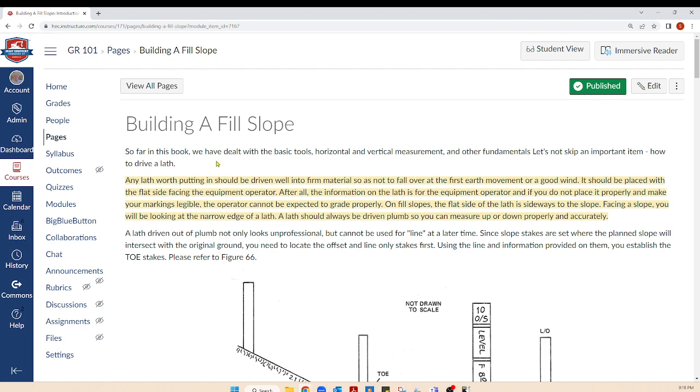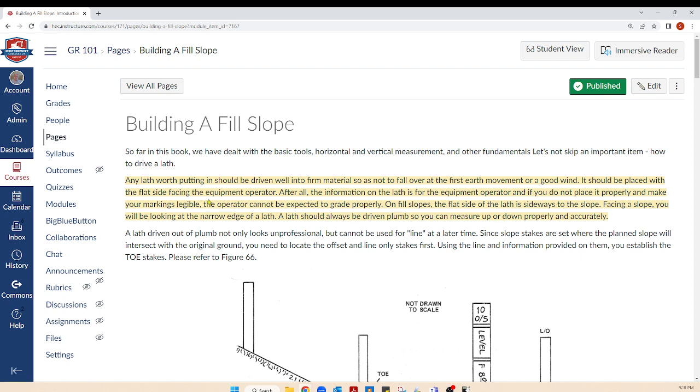So far in this book, we have dealt with the basic tools, horizontal and vertical measurement, and other fundamentals. Let's not skip an important one now. How to drive a lath. Any lath, this is worth reading too, by the way. Any lath worth putting in should be driven well into firm material so as not to fall over at the first earth movement or good wind.